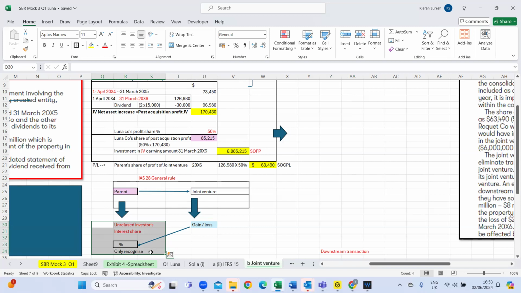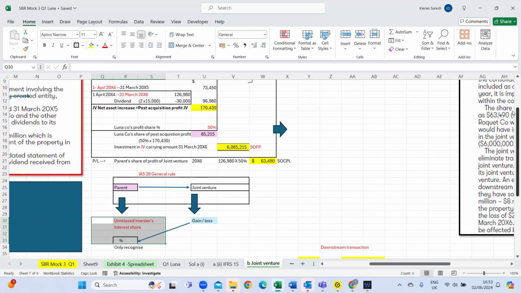That's the general rule. For example, if the joint venture suffers a 100,000 loss, we don't recognize all of it. Why? We hold only 50%. So we will only recognize 50% of that 100,000 loss, which is 50,000. That is what the general rule says: we can only recognize according to our interest share.